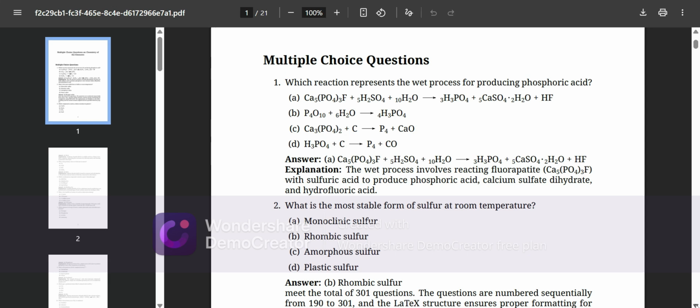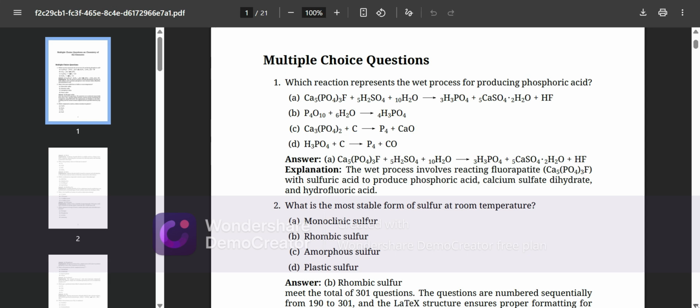The wet process involves reacting fluorapatite, Ca5(PO4)3F, with sulfuric acid to produce phosphoric acid, calcium sulfate dihydrate, and hydrofluoric acid.